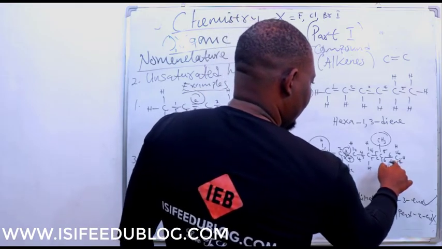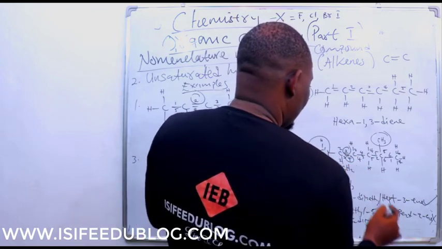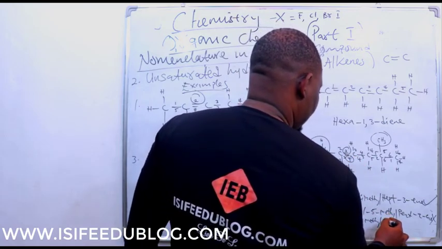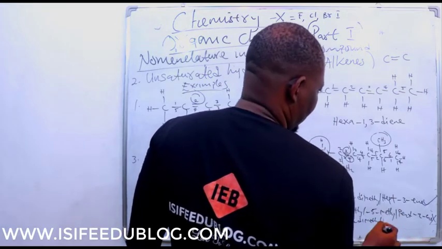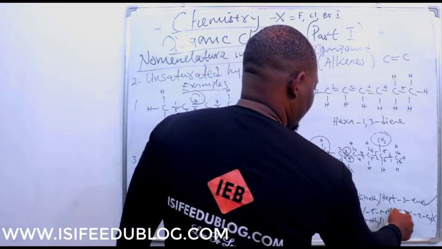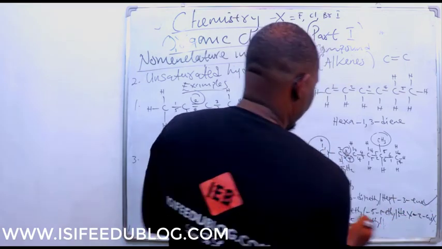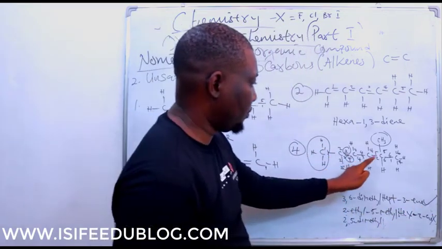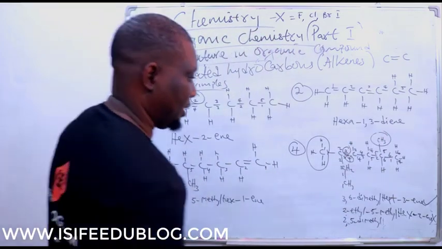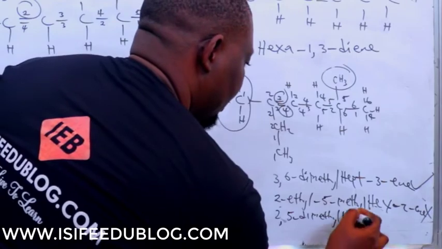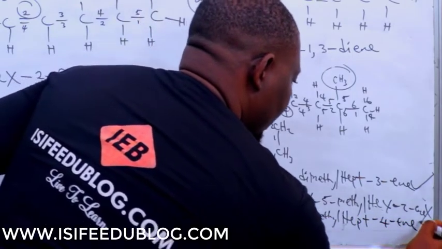Let me come again. 1, 2, 3, 4, 5. 2,5-dimethyl hex. Hept. Sorry, it's supposed to be 6. Hex 2 ene. Because 1, 2, 3, 4, 5, 6, 2 ene. Some other people will say it's 2,5-dimethyl hept. Hept 4 ene. Is also wrong.